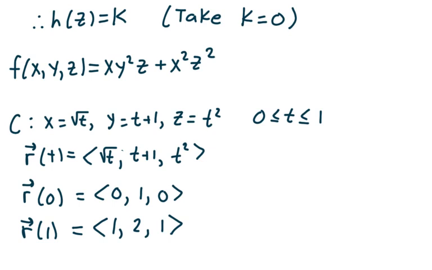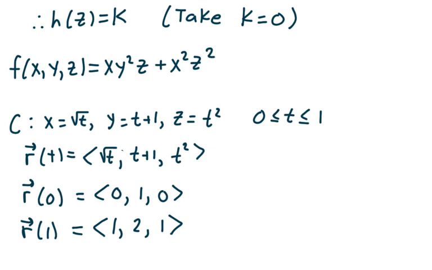So let's remind ourselves of what this curve is. C is defined by the parametric equations x equals square root of t, y equals t plus 1, and z equals t squared. And remember, t is greater than or equal to 0 and less than or equal to 1. Okay?